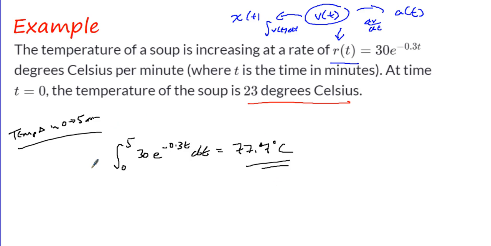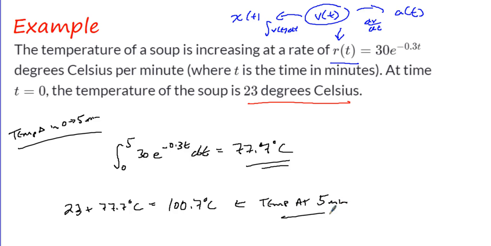So what would the temperature be at that time? We would have 23 plus 77.7 degrees Celsius, because my initial temperature was 23 degrees. If I add 77.7, I end up getting 100.7 degrees Celsius. That's the temperature at 5 minutes, because my soup was increasing.